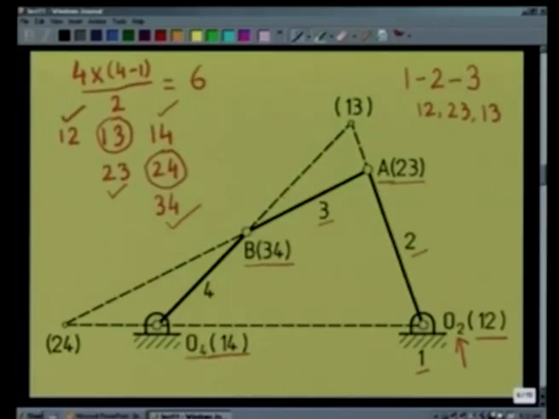Out of these 3, as we see, we have already determined 1, 2 and 2, 3. So 1, 3 must be on the line joining 1, 2 and 2, 3, that is the line joining O2A. This line O2A must contain the 3rd instantaneous center, namely 1, 3.